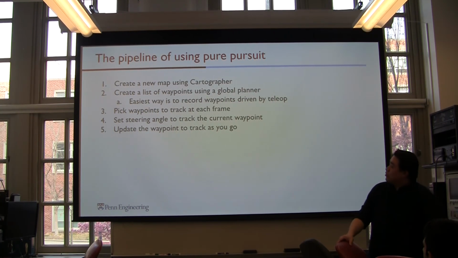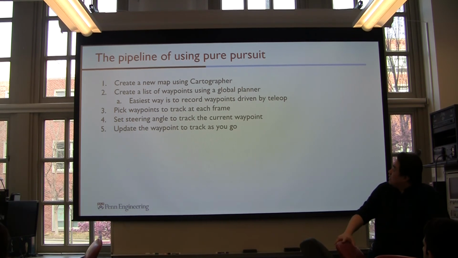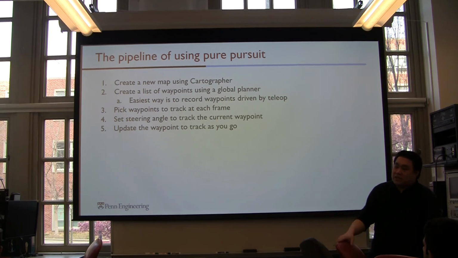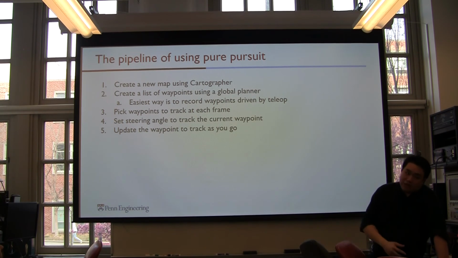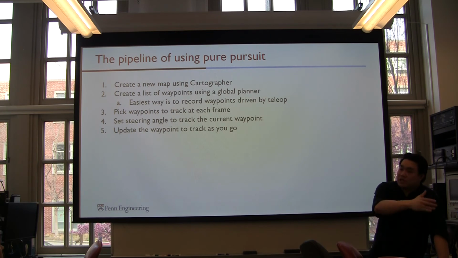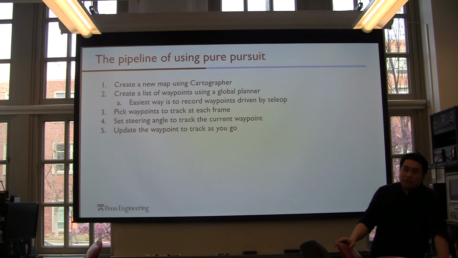And then you need to create a list of waypoints using a global planner. Right now you don't have anything. The easiest way is to drive around the track with teleop, and then you can record the poses that the particle filter gives you as the list of waypoints. We already have a node that allows you to do that.